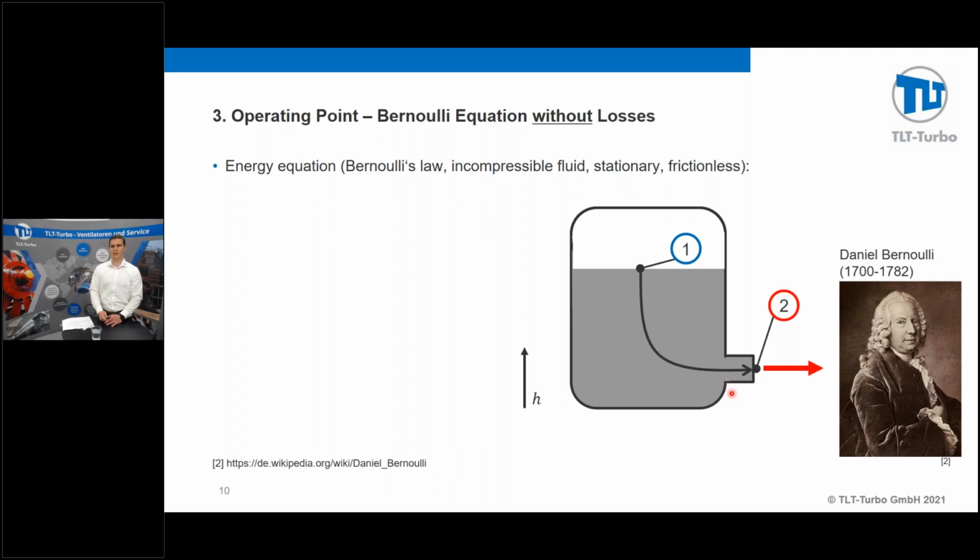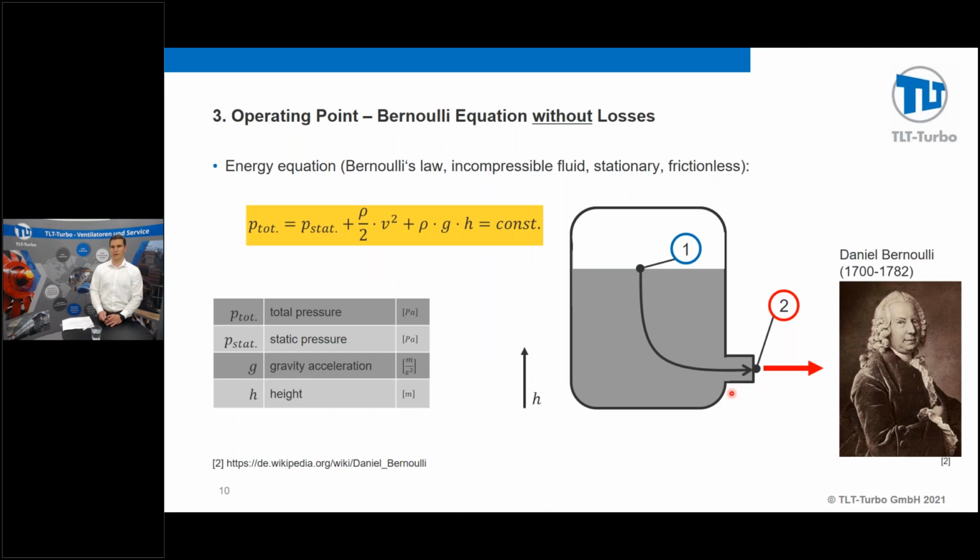And this total pressure can be divided into three different parts. That's the static pressure, for example, the atmospheric pressure, a dynamic pressure, where the influence is the density and the velocity of the fluid, and a hydraulic head.